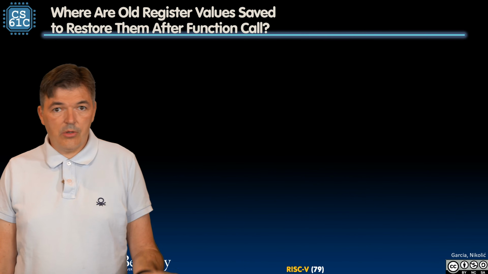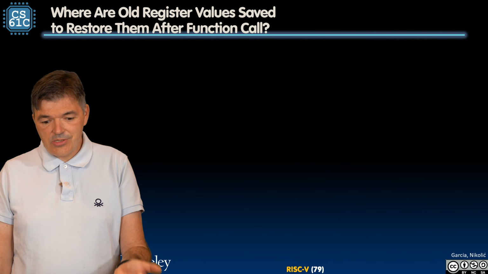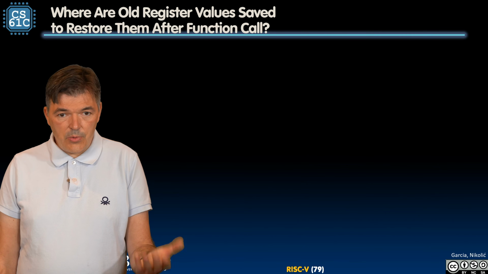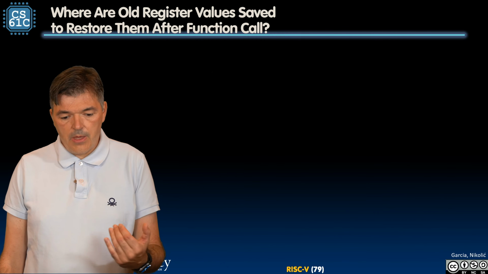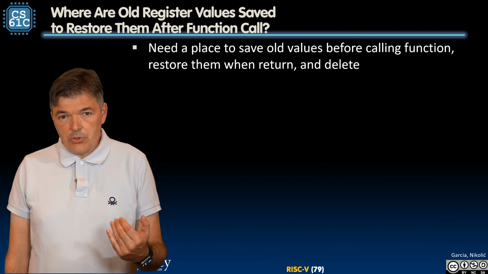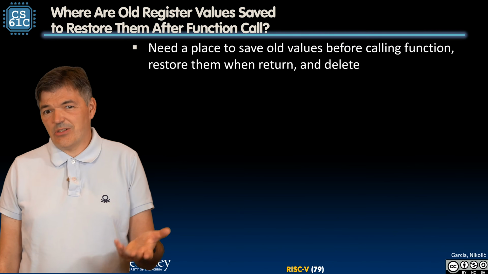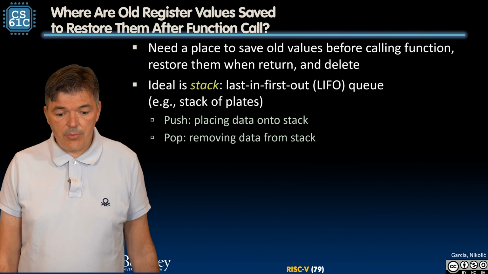So where do the old values that were in S0 and S1 or any other registers go? Where are they saved when we make a function call, and how do we restore them? You may think we can put them in registers, but we generally don't have enough registers for every function call, so they'll need to go to memory.